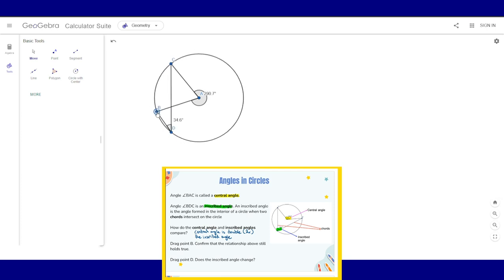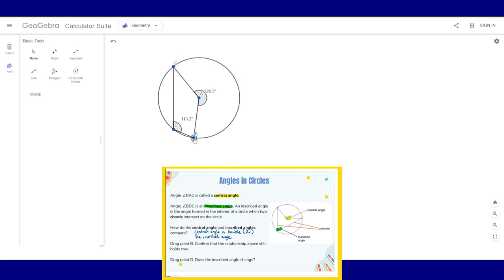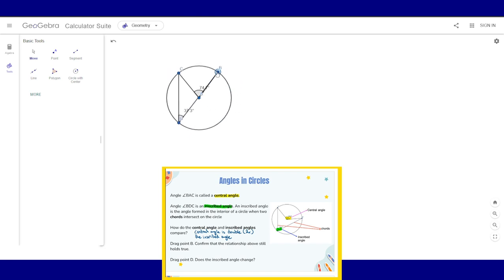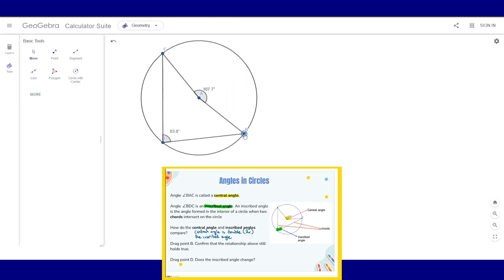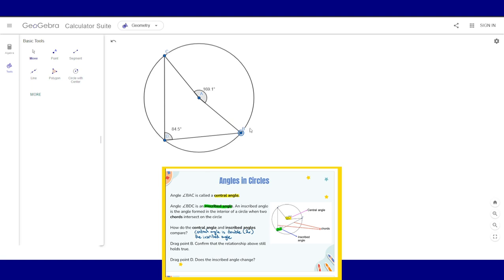Obviously, in this case, it's no longer the same scenario, so I have to at least go here. Does that hold true? And it does. It does seem to hold true. If I move point B around, yes, it holds true.